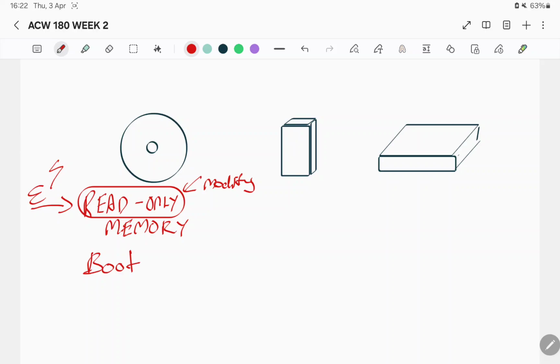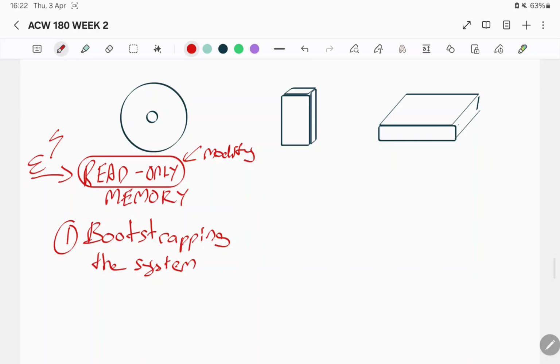So basically, number one it will do is boot the system. They call it bootstrapping the system, right? It powers up the CPU.